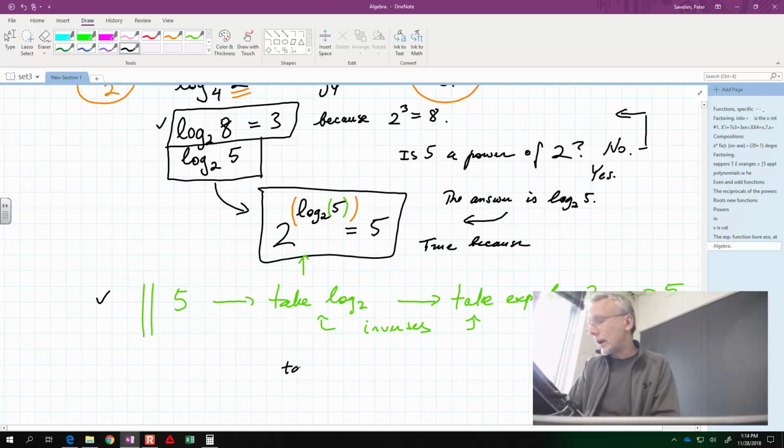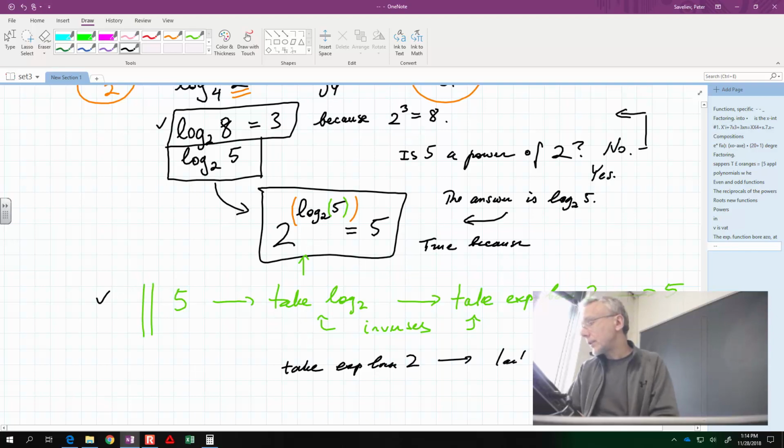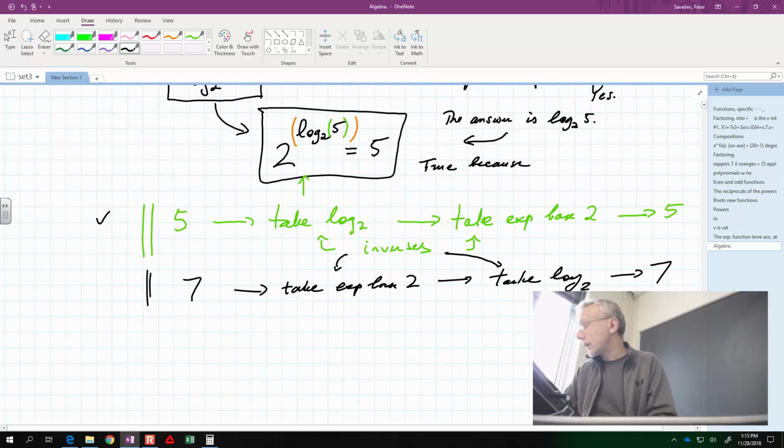I'll take exponential base 2, and here I have take log base 2. So if I start with, say, 7, I will end up with 7, because these two functions are inverses of each other.